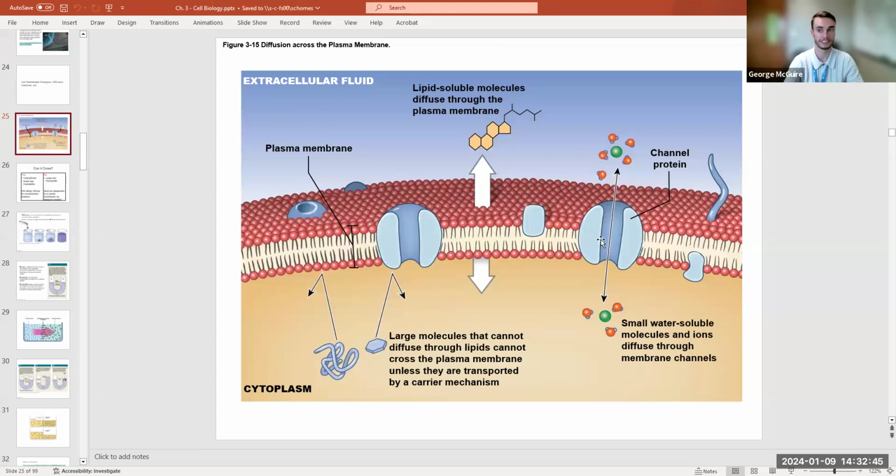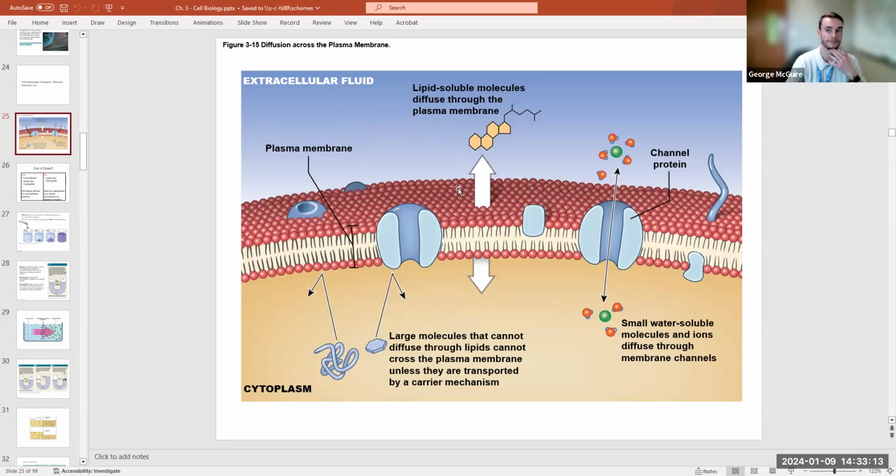If there are proteins in the membrane that can help that glucose, then glucose will move through those proteins. But if it doesn't receive that help, instead, water is going to move. And water moves in the opposite direction. So if there's a high concentration of glucose outside and a low concentration inside, water is going to move out of the cell. And that essentially creates more space for the glucose to spread out without having to cross that barrier.